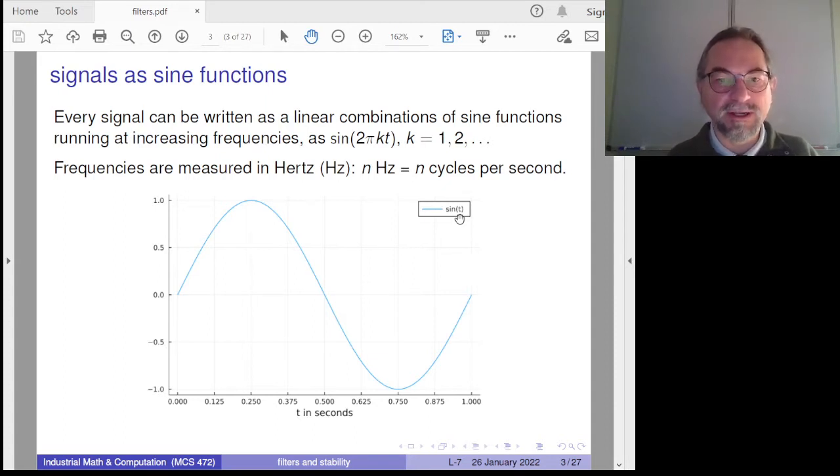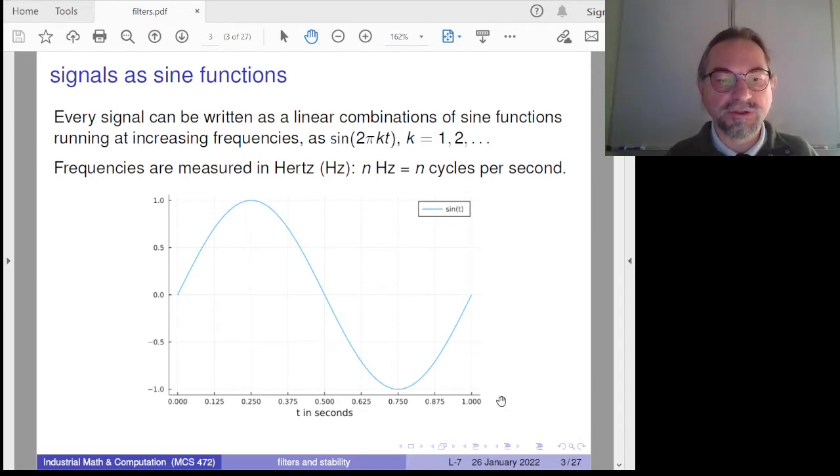So the legend omits the 2 times pi. Okay, so I have adjusted the grid. The grid is within 0, 1, so perhaps it's not entirely clear if the resolution is not that fine, but you can see it from the ticks on the horizontal axis.